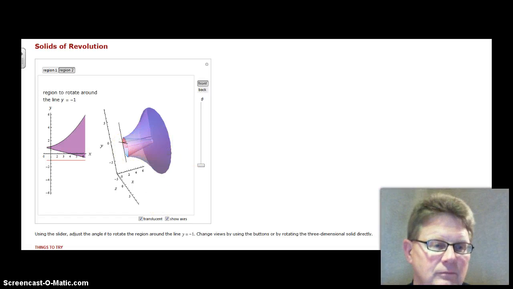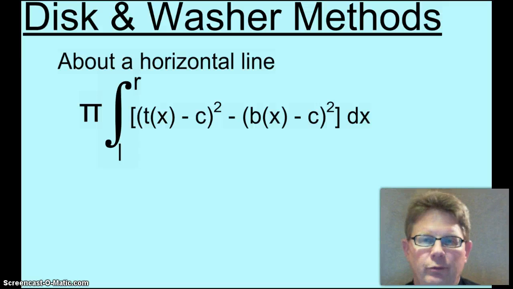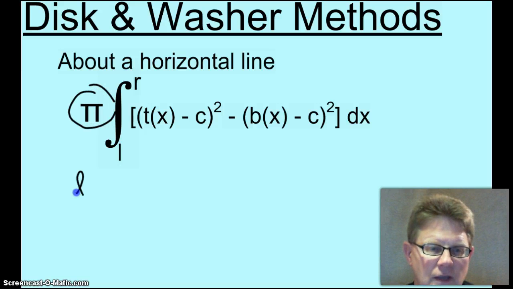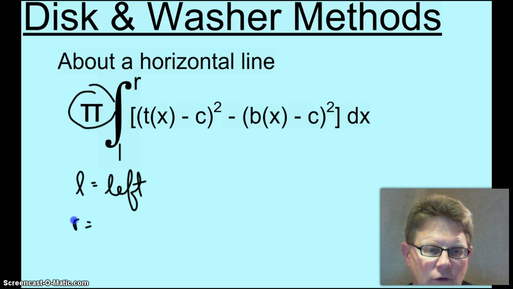Now, when we revolve about a horizontal line, we're going to use the multiplier pi out in front of the integral. This L stands for from the left. The R stands for to the right.